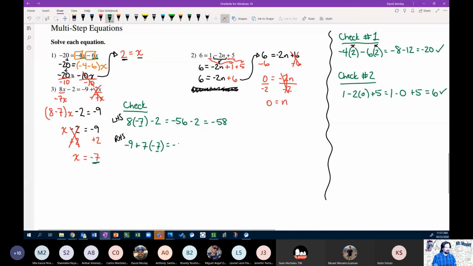We get negative 9 plus 7 times negative 7, negative 49. Negative 9 plus negative 49, negative 58. We got the same number from both sides of the equation, which means we found the solution.